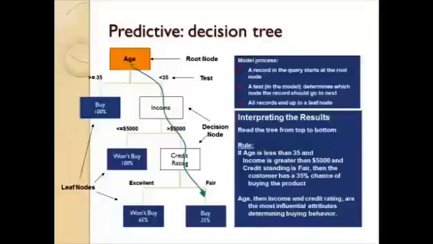So the tree tells us very clearly, of the factors that we consider, or the input variables, which one is the most important, and also what the rules are in terms of the probability of buying. We can predict with certain confidence the buying behavior of a new customer.